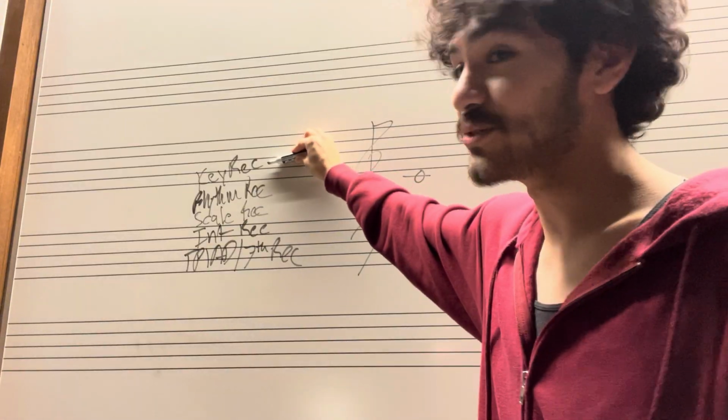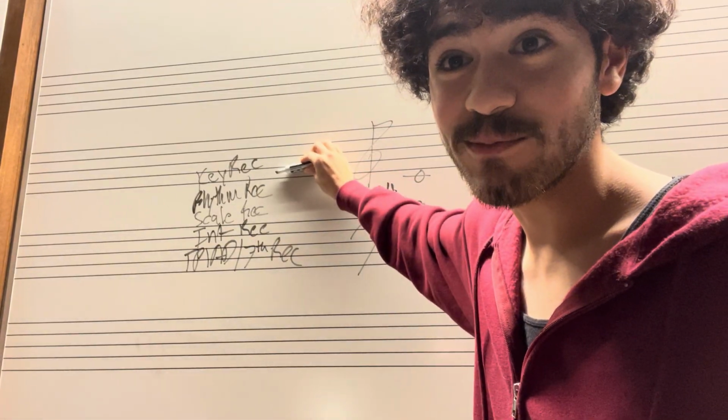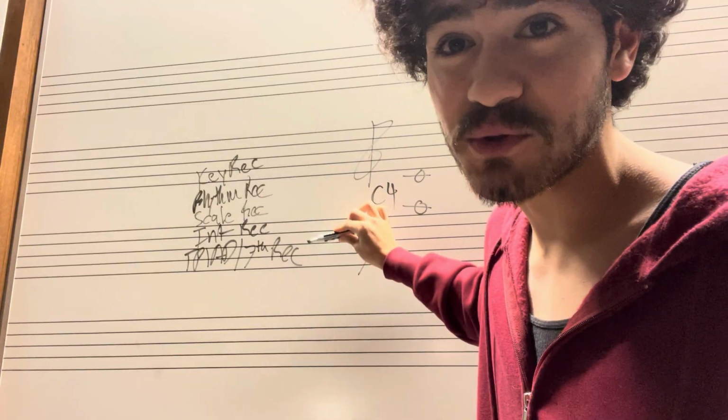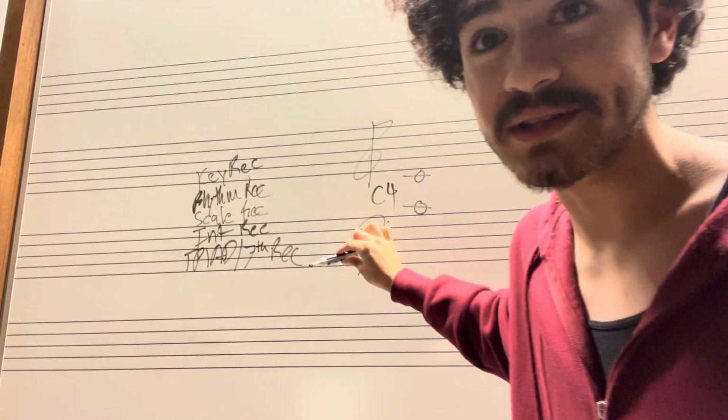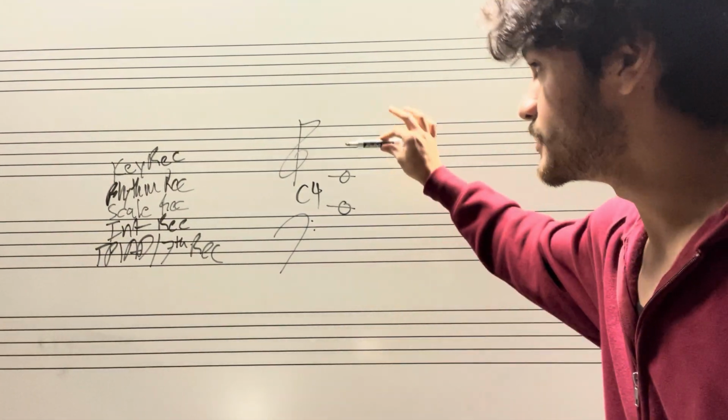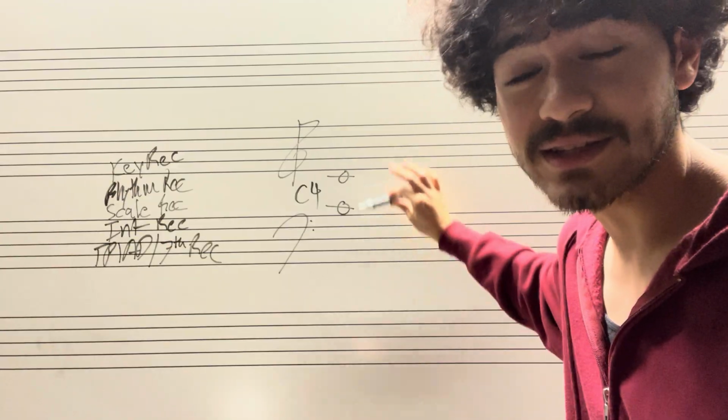Alright, so we're going to go through key recognition, rhythm recognition, scale recognition, interval recognition, triad and seventh chord recognition, and building for all of these. First off, we're going to get you used to these clefs. You're not used to this one, you're used to this one.